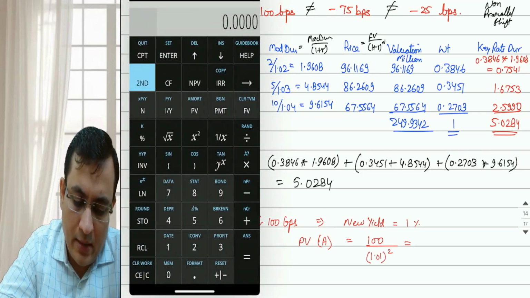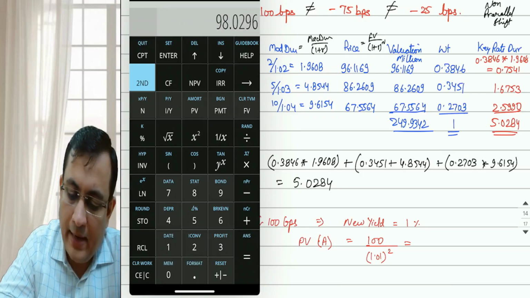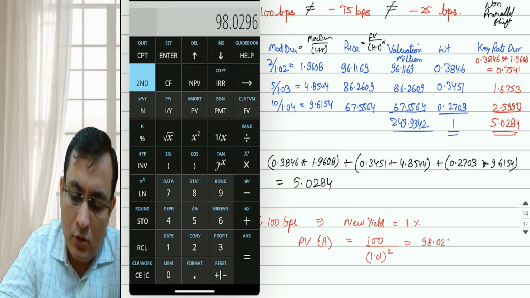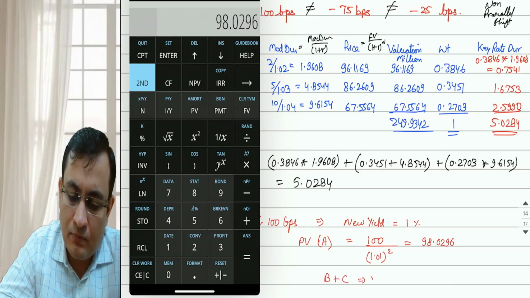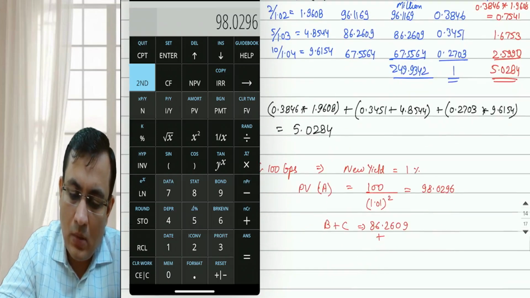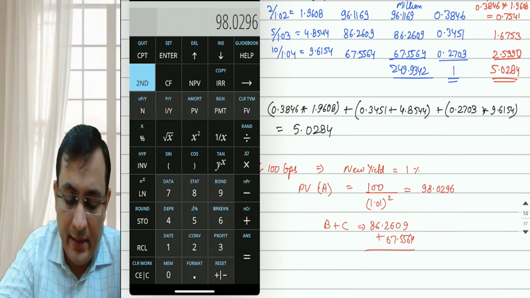So it is going to be 98.0296. Bonds B and C will stay the same, 86.2609 plus 67.5564, because their maturity yield is not changing.